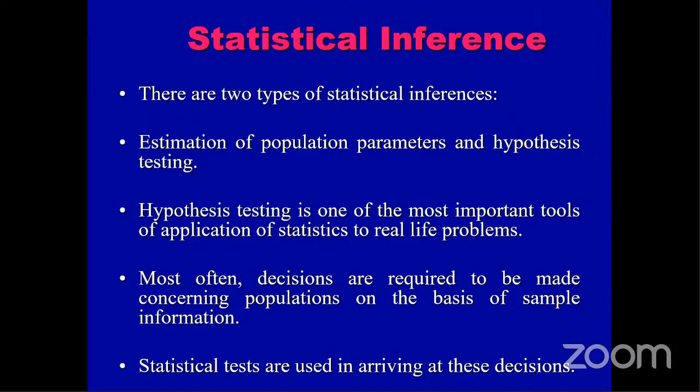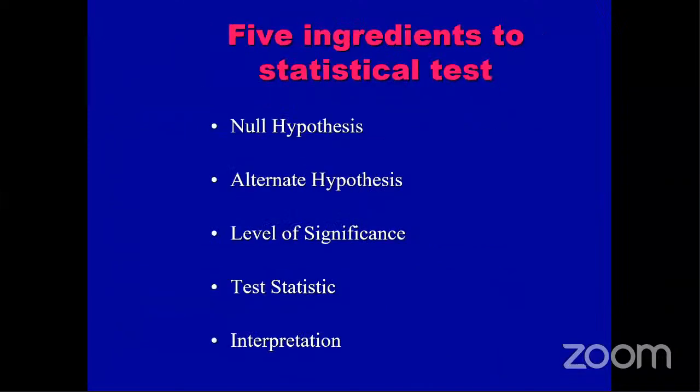And statistical tests are used in arriving at this decision. Decision making, as a manager, as a statistician, as a normal human being, we need to take a particular decision. And there are different steps involved, that we will see now. Here are the 5 ingredients of a statistical test.